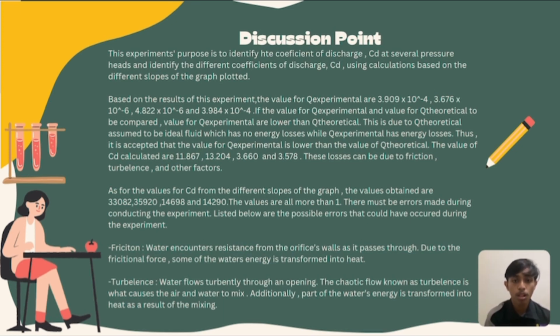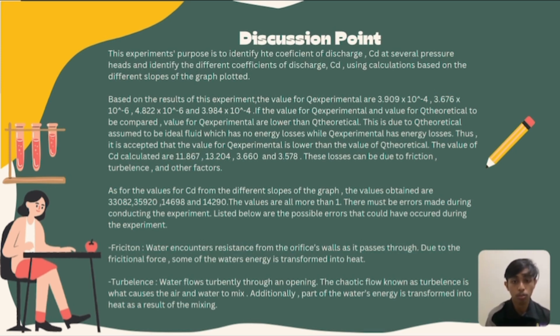Listed below are the possible errors that could have occurred during the experiment. Friction: water encounters resistance from the orifice walls as it passes through. Due to the frictional force, some of the water's energy is transformed into heat.